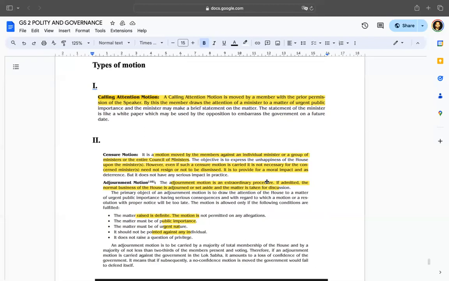So if a minister breaches his parliamentary privileges, then any member of the parliament of either house can raise this motion that this particular X or Y minister has breached his privileges, and now it is the responsibility of the whole house to accept this motion and to not accept this motion. Now what happens if this motion gets passed? If this motion gets passed, so it will bring that minister into the limelight and subject to the disqualification from the post of the minister.